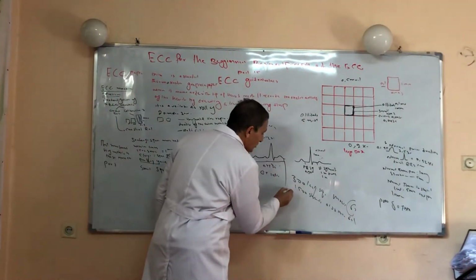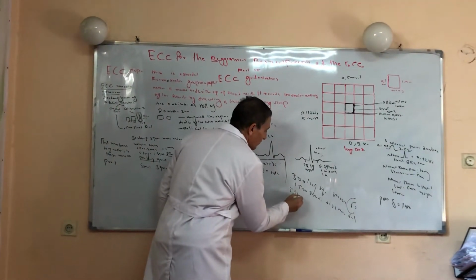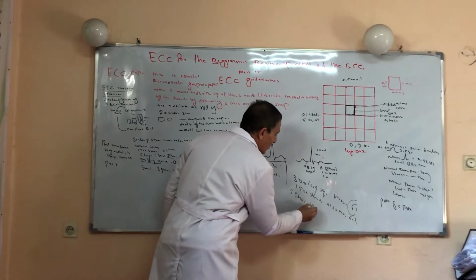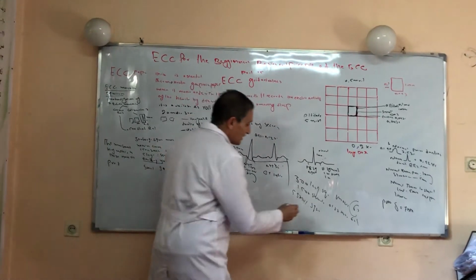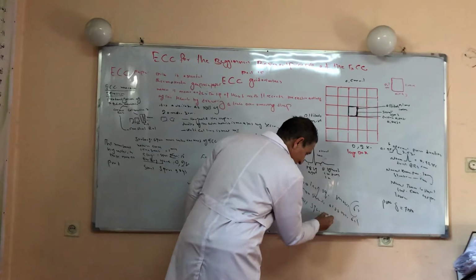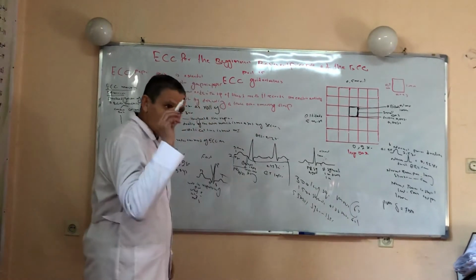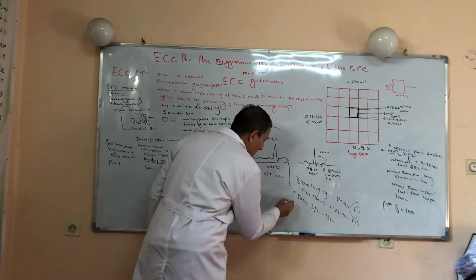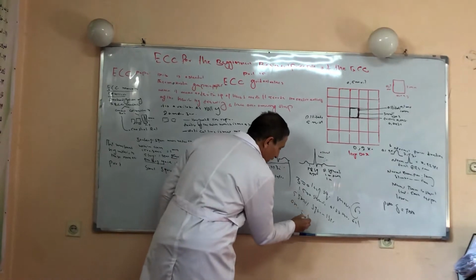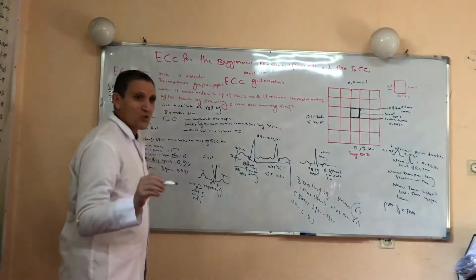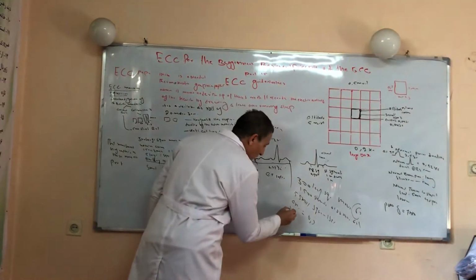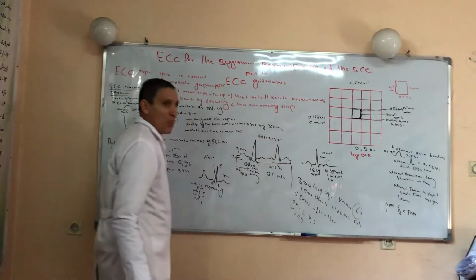Finally, 5 small squares move under the needle of the ECG machine within 1 second. One large square will move under the ECG machine in 0.2 seconds. One small square moves under the needle in 0.04 seconds.